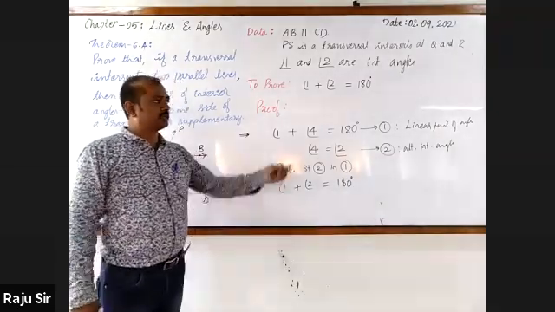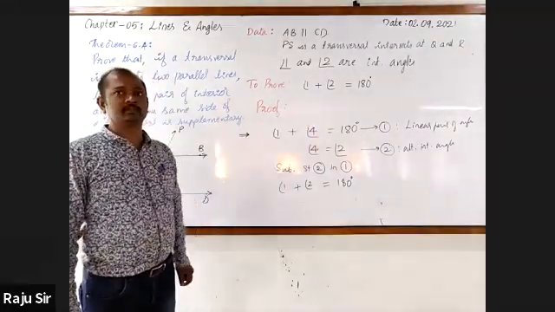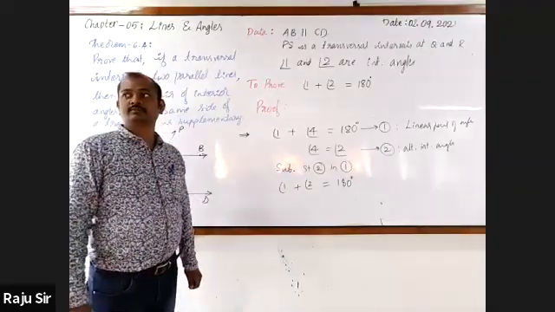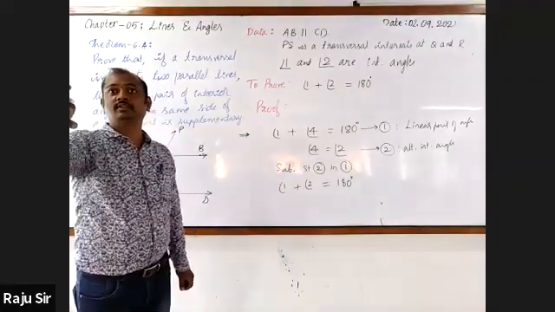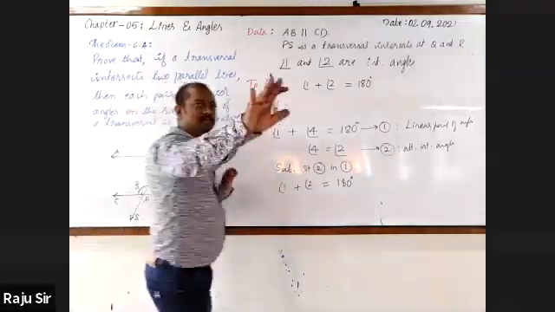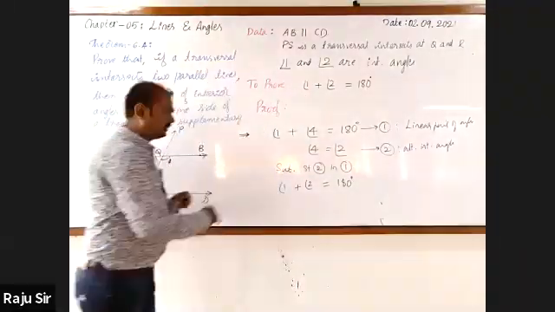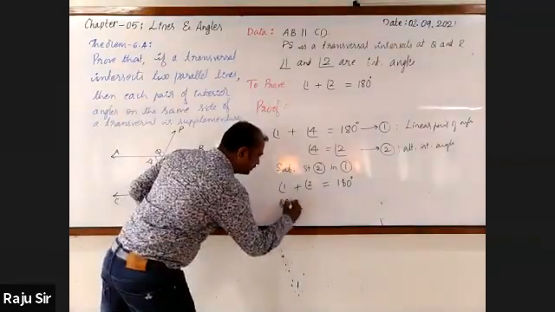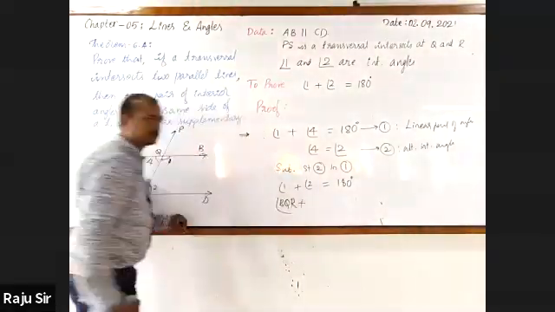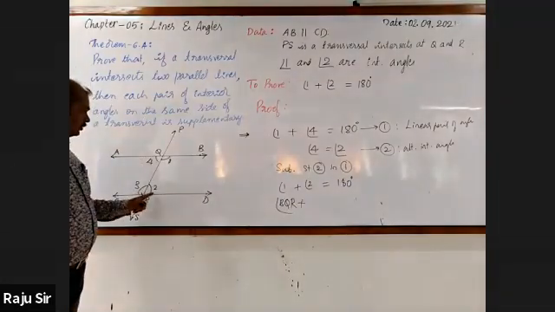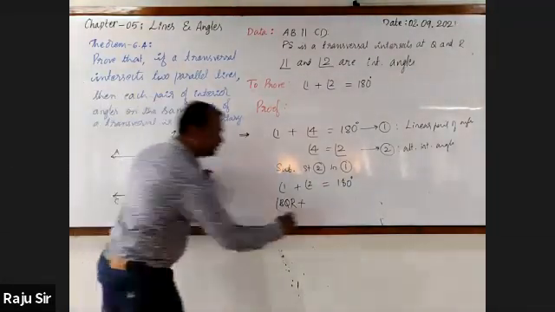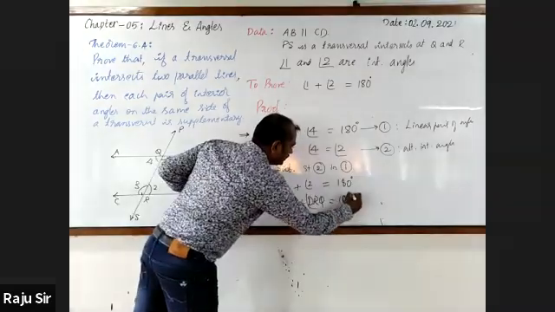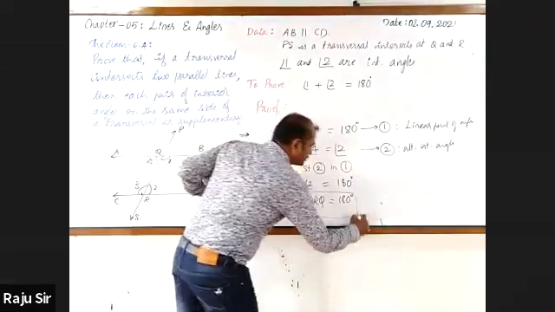I have noticed that only one student has given the reason out of this. Angle 1 is nothing but BQR, plus angle 2, it is DRQ. BQR plus DRQ is equal to 180.